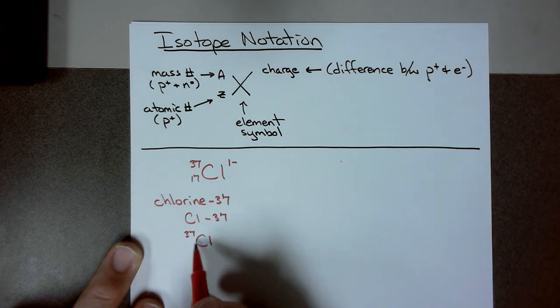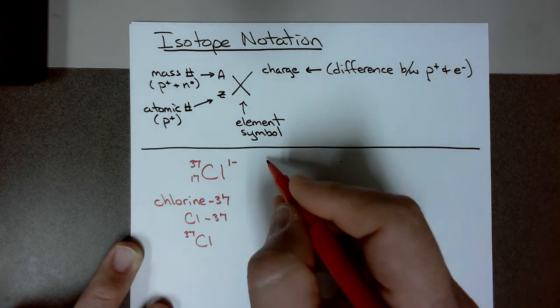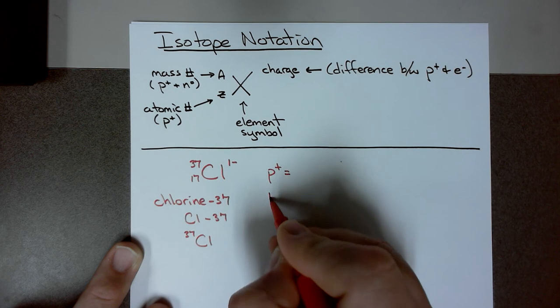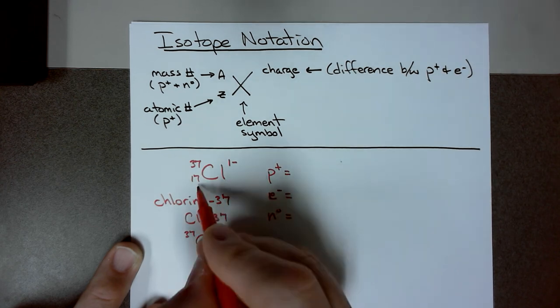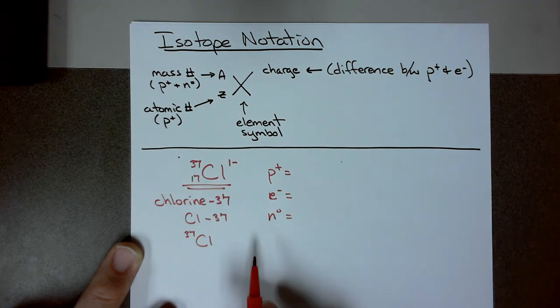That's a 37 isotope. This is a charge, and so we can figure out how many protons, how many electrons, and how many neutrons are in this chlorine, this isotope notation.